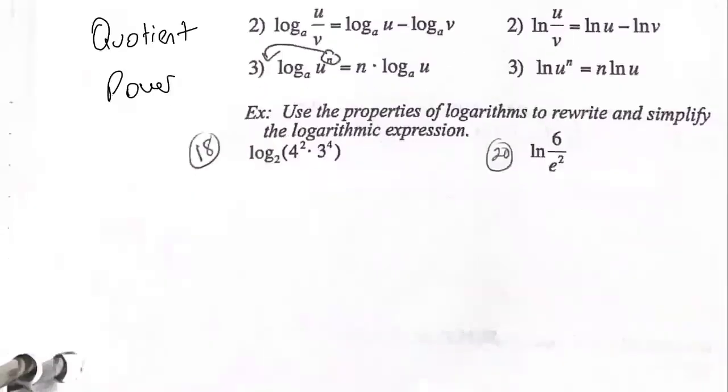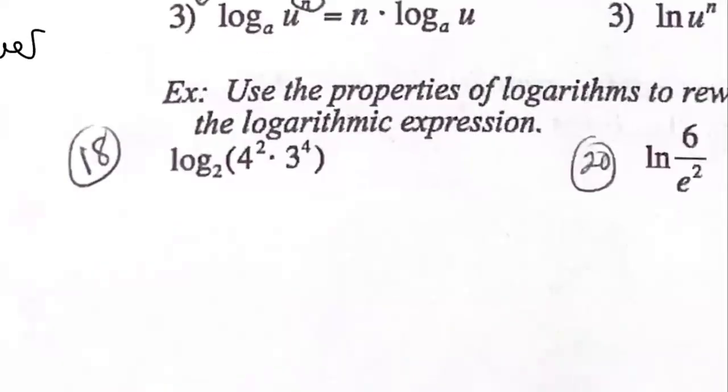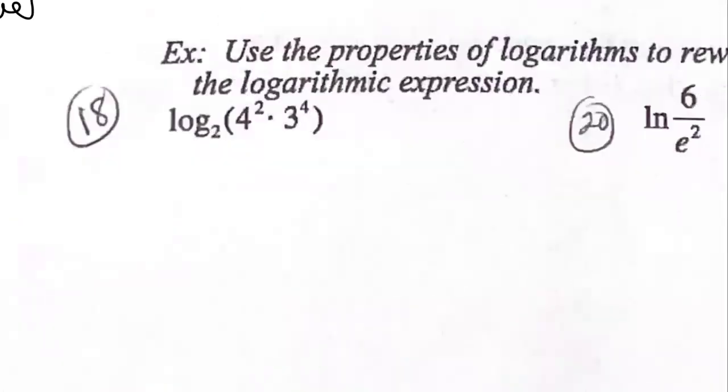It says use properties of logarithms to rewrite and simplify the logarithmic expression. So this is multiplication, so we're gonna rewrite it as addition. So log base 2 of 4 squared plus log base 2 of 3 to the power of 4.